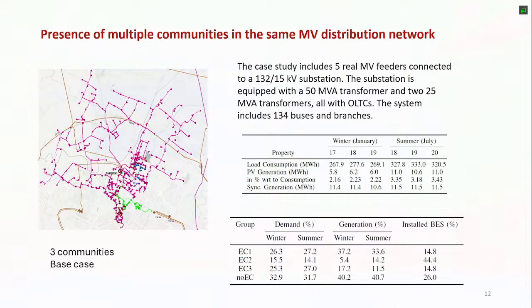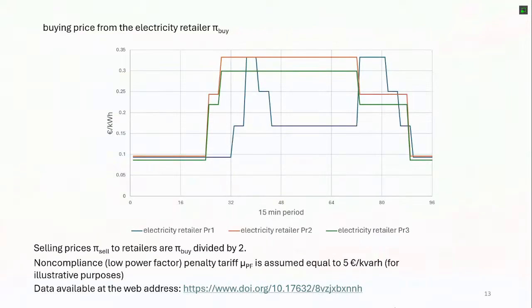We have also considered the installation of battery energy storage, and this is the sharing of the battery energy storage among the energy communities, and in particular this one has a lot of storage. There are also users that are not included in the community. In this way, we have implemented the optimization model that I've shown before.